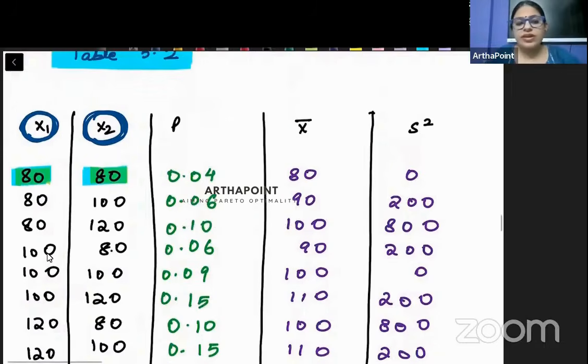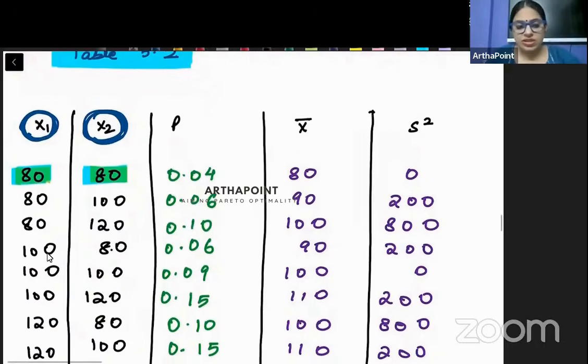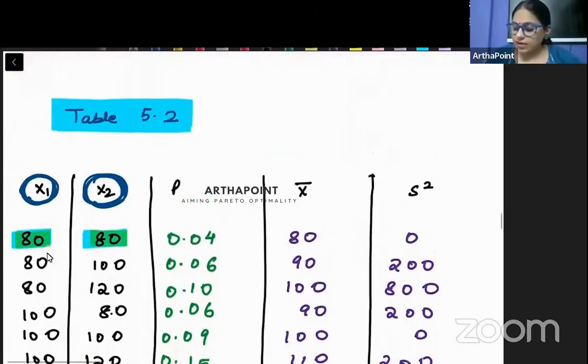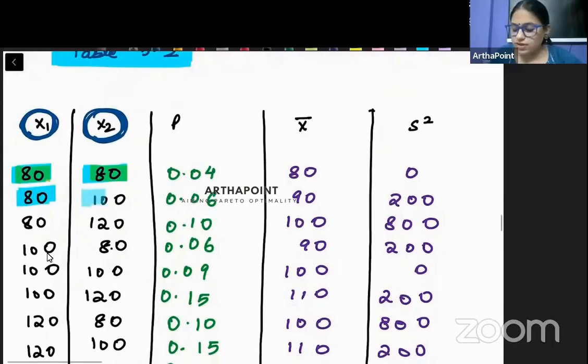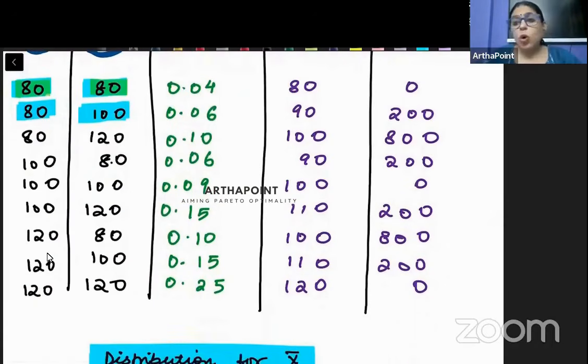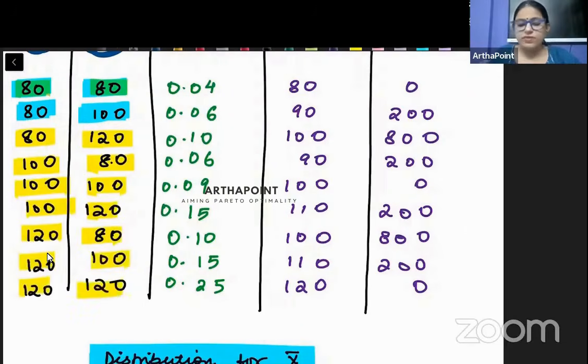Now if I tell you कि नहीं, this is not the case, rather I am selling 1 2 GB and 1 4 GB, so it will be 80, 100. So I have written all possible cases here. यहाँ पे हमने वो possible cases सारे के सारे लिए हैं कि एक 2 GB, एक 4 GB, 8 GB, then 100 80, 100 100, 100 120, 120 80, 120 100, 120 120.